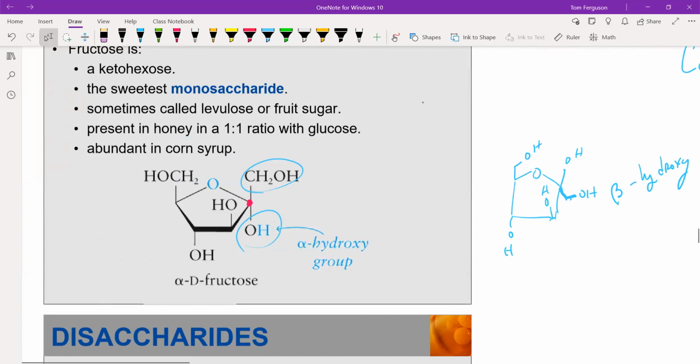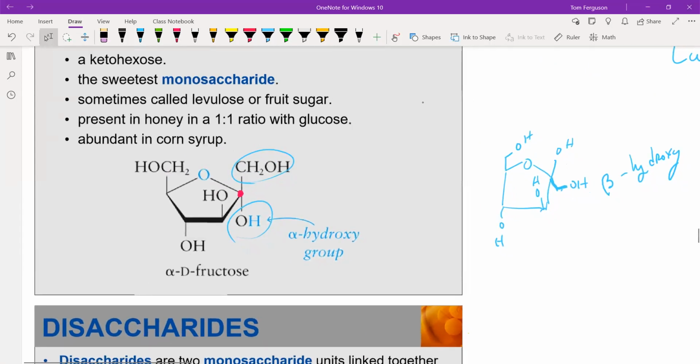if I asked you on a test, is this a reducing sugar? What would you answer? There is no H attached to the group, right?